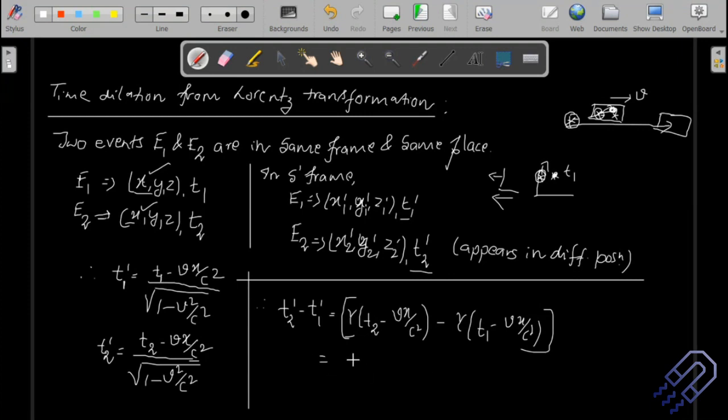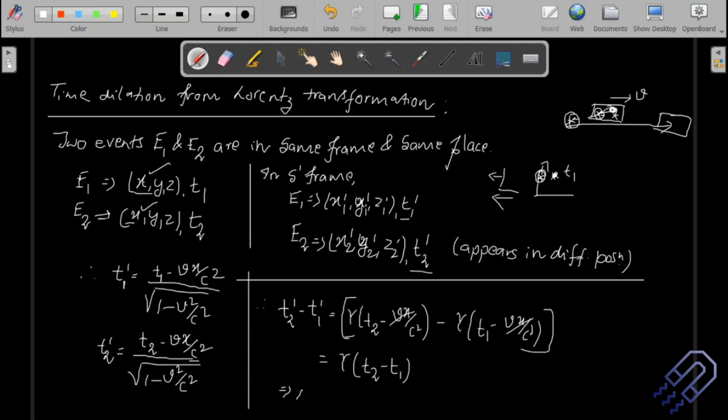So we can open the bracket. This is nothing but gamma into t2 minus t1, and this is minus vx by c square, this is plus vx by c square, so these two terms will cancel out, right? So this is your gamma t2 minus t1, and when we talk about t2 prime minus t1 prime, we are talking about a time interval, and that's the logic behind delta t.